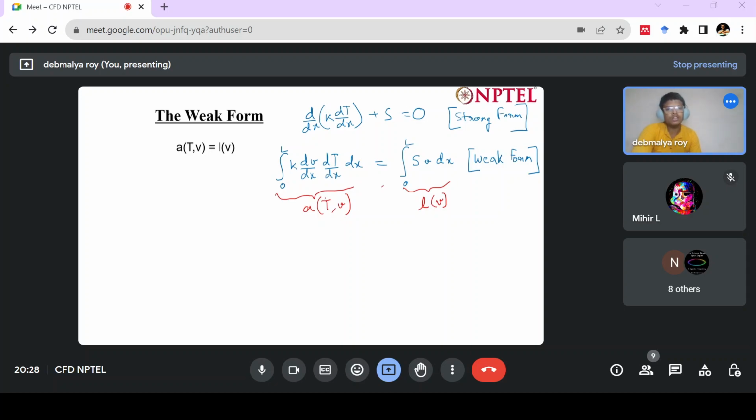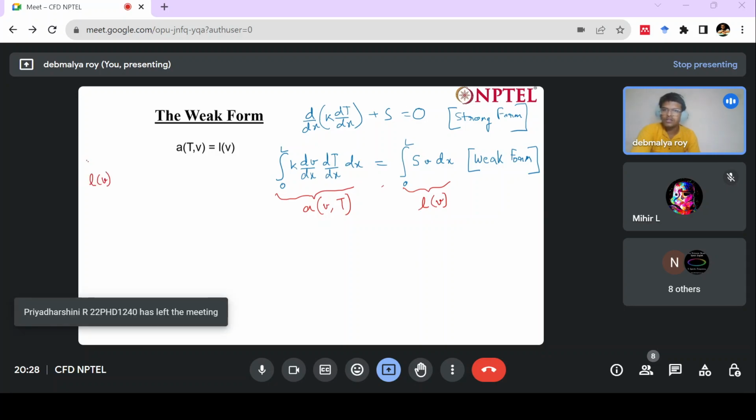So if you substitute t with something else, you will simply put that here. If you substitute v with something else, you will simply put that here. Since I have written v here first, let me change this notation, but it does not matter. It is a multiplication anyways. So, v comma t. Let's first explain this L(v) term because this is something simple.